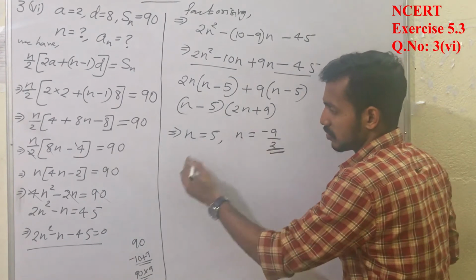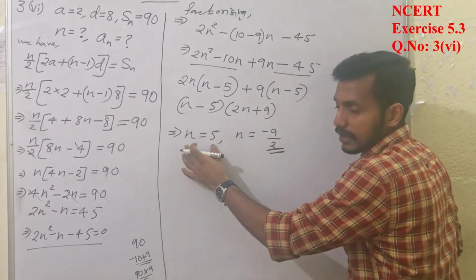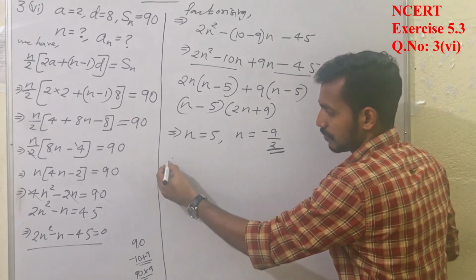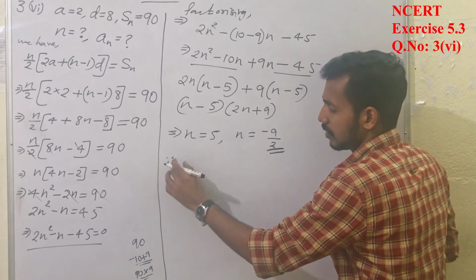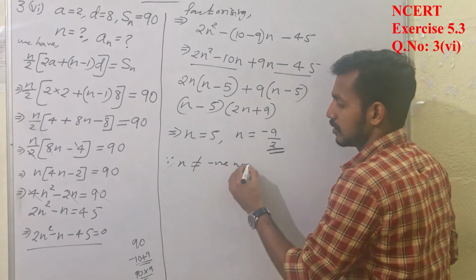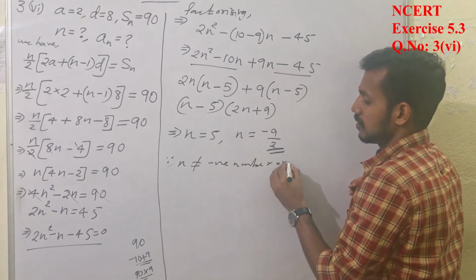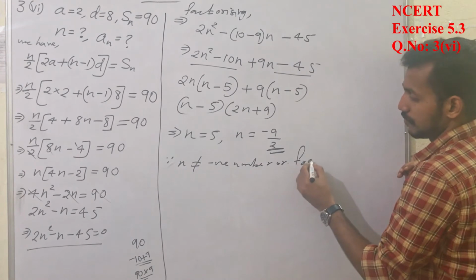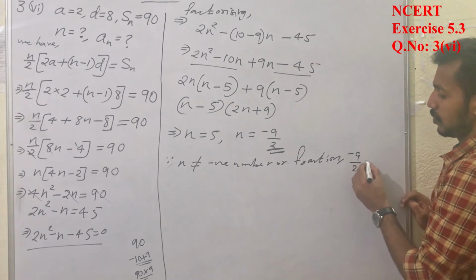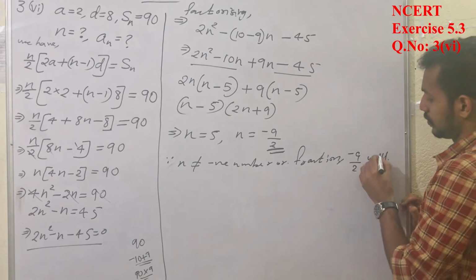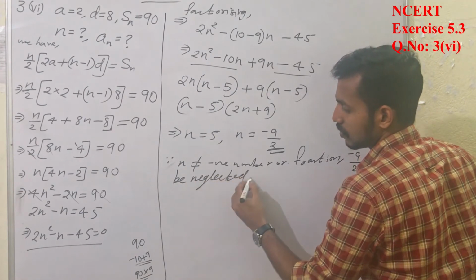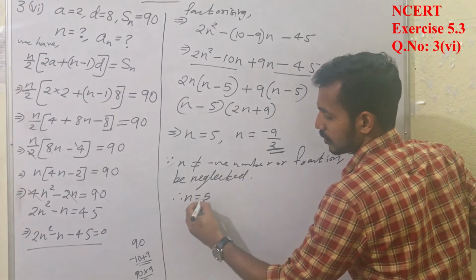So we can neglect this value. Since n is not equal to a negative number or fraction, minus 9 by 2 will be neglected. Therefore, n is equal to 5. That is the final value.